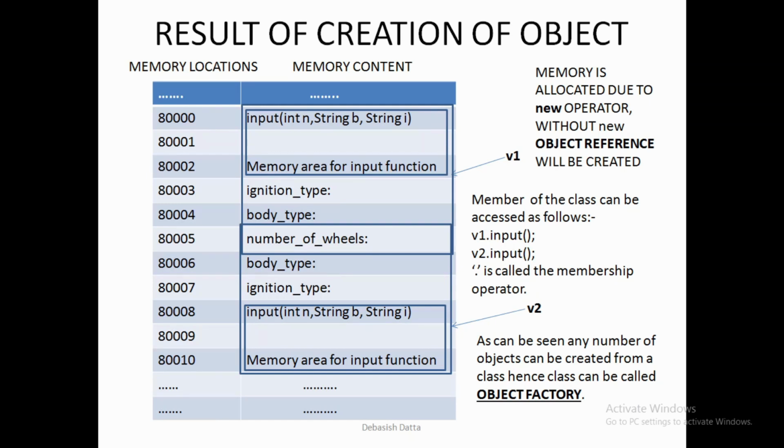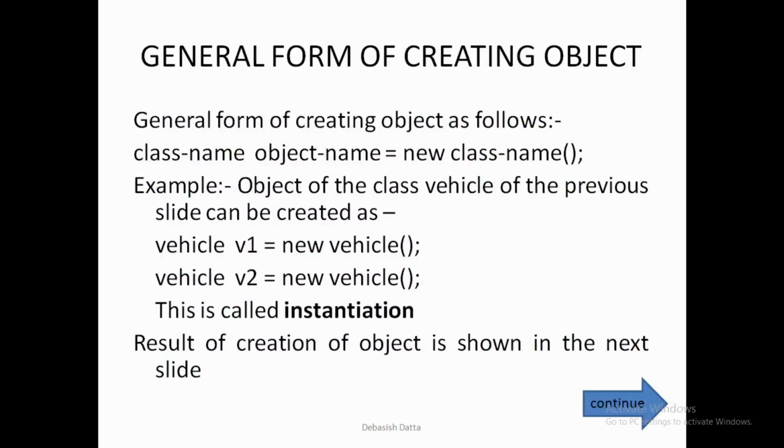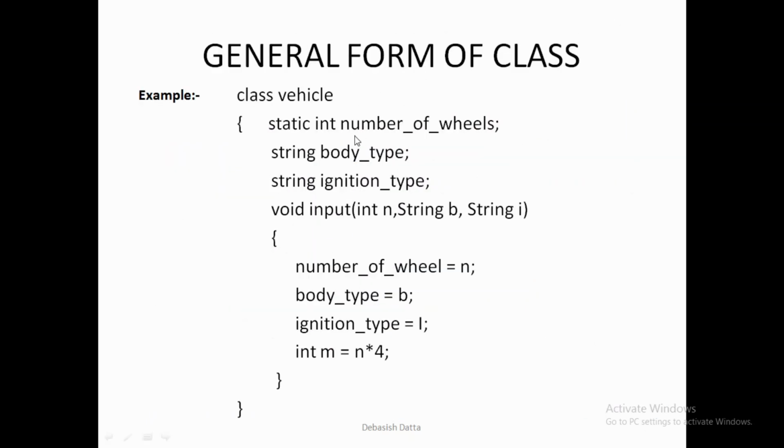One thing we can see from this picture is that number of wheels is common to both v1 and v2. Why is it like that? Because the number of wheels is actually not a simple member variable, it is a static member variable.